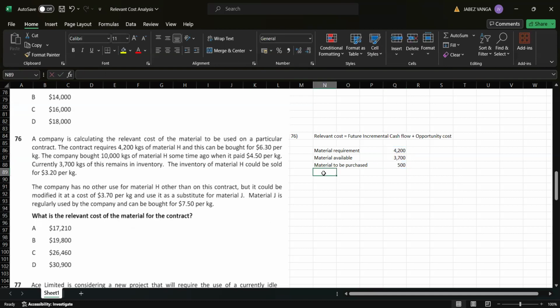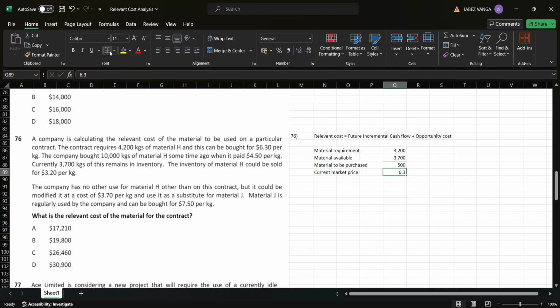What's the current market price? We see the current market price of material is $6.30. So this has to be purchased. These 500 kgs of material have to be purchased at a price of 6.30.